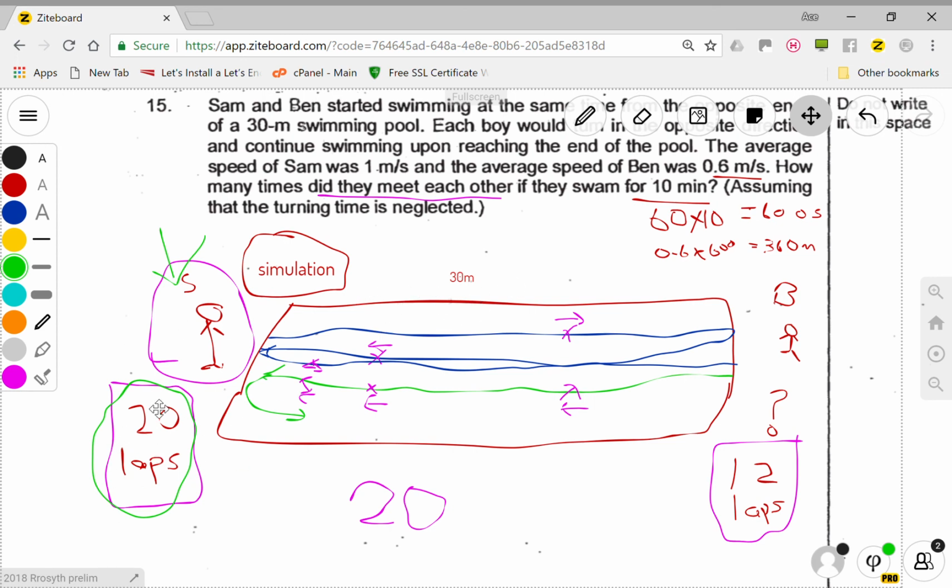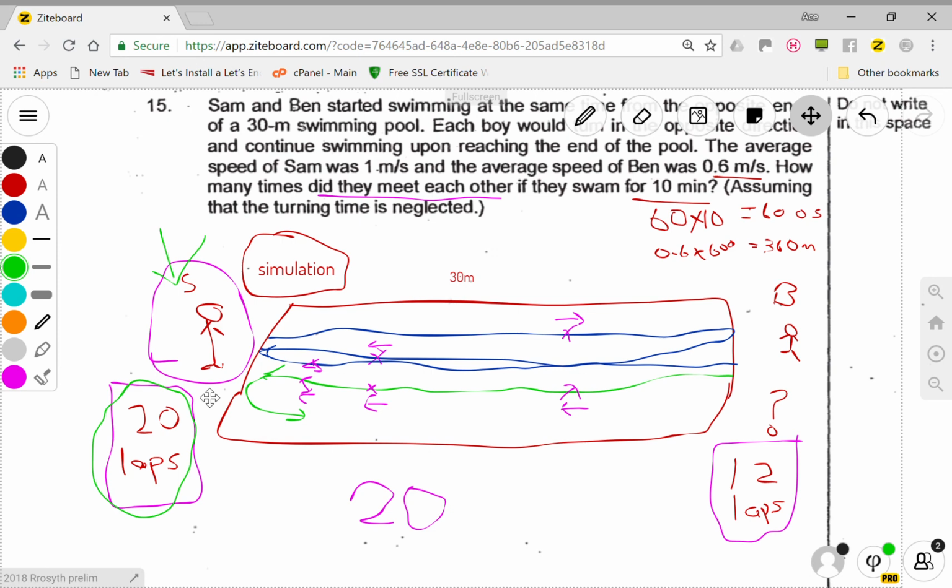So once again, for the solution for this 20 laps, there is no mathematical method or way for you to go and calculate. You can calculate 20 laps, then you calculate 12 laps, but eventually, you can still earn some working marks. They're not so bad as to give you 0. You can still earn some working marks from this. So this simulation question, definitely one of it will come out.